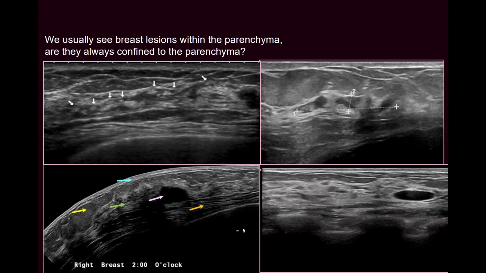So, starting with the pre-mammary zone, what structures do you expect within this zone? According to these structures, we expect the differential diagnosis of the lesions. What does the subcutaneous fat represent? It is part of what?